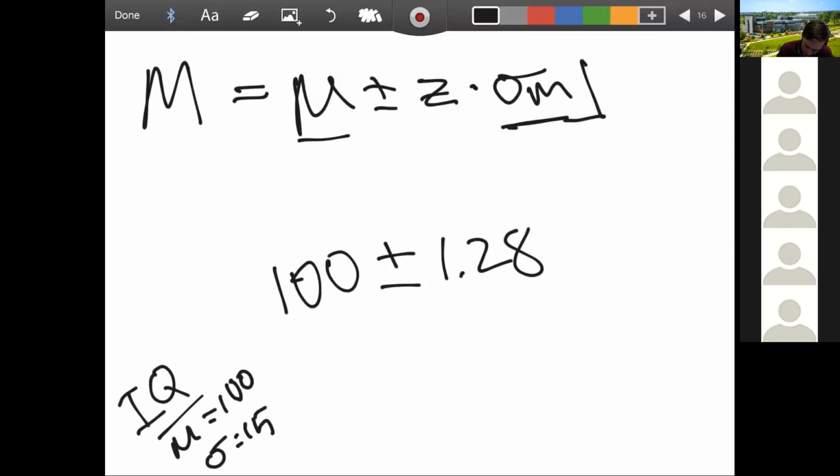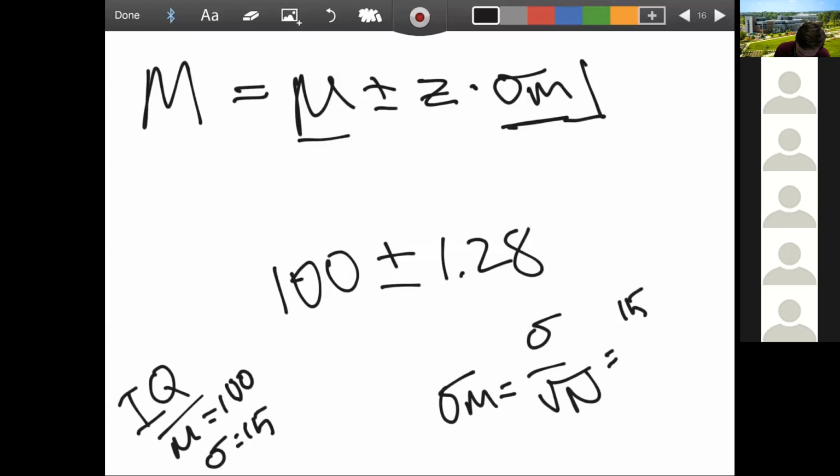The standard error of the mean is the standard deviation over the square root of n. Let's say this is a sample of 100 people. So now you're taking 15 over the square root of 100, or 10, which gives you 1.5.